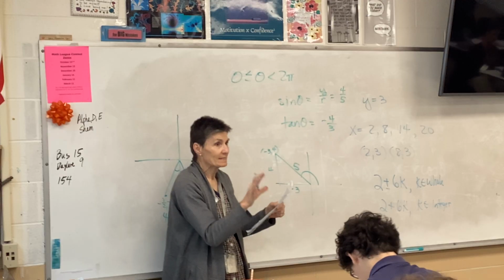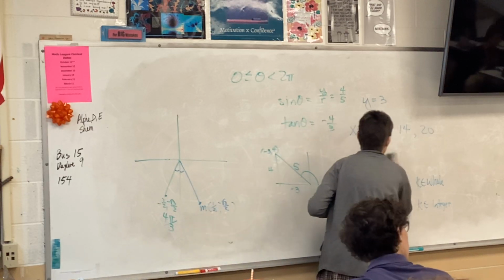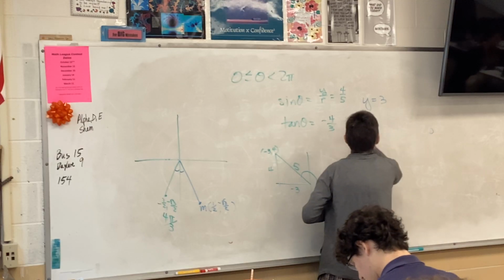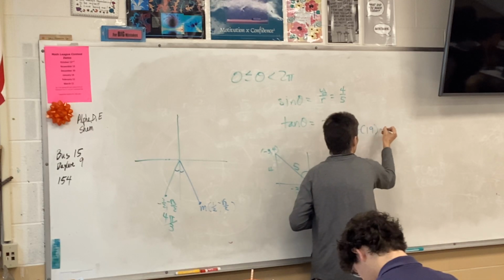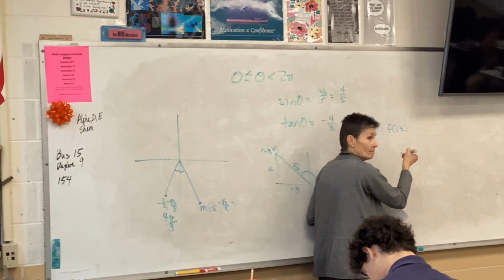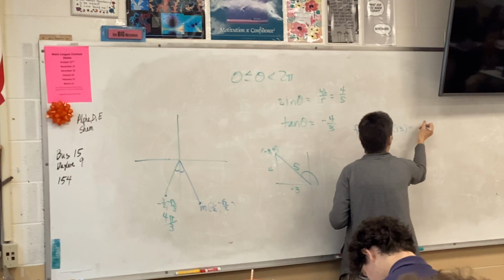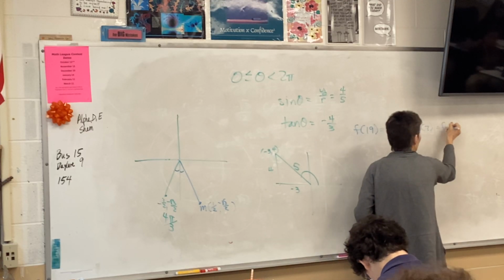That means every 6 it repeats. So f of 19, working backwards, would be the same as f of 13, or f of 7, or f of 1.